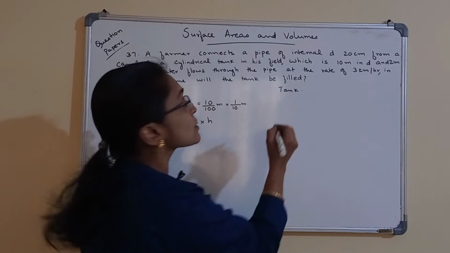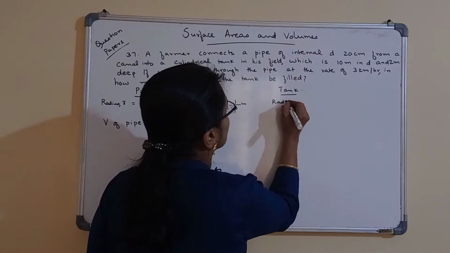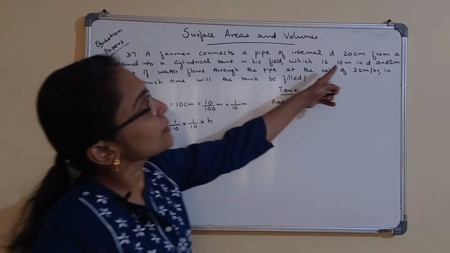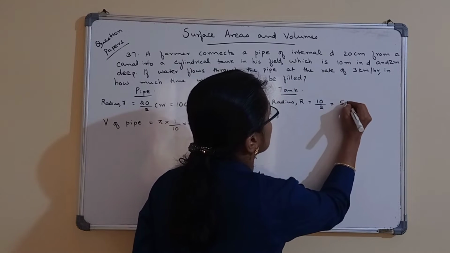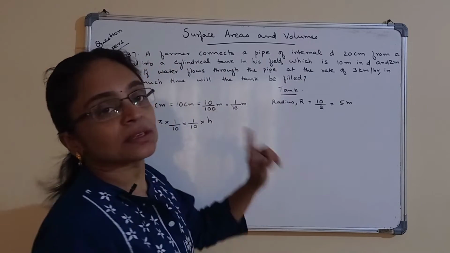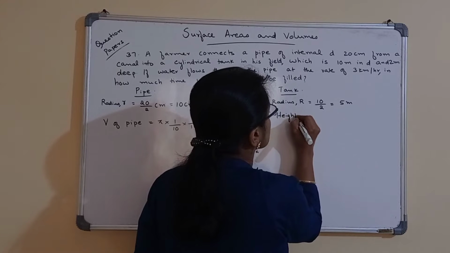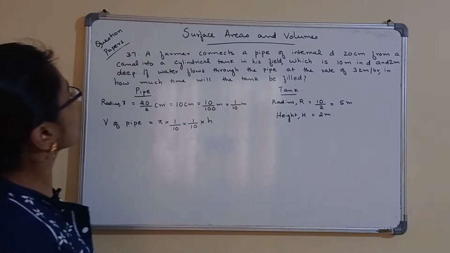What is the radius of this cylindrical tank? Radius, capital R, is equal to 10 meter in diameter, that is 10 by 2, which is equal to 5 meter. Now height, it is 2 meter deep, so height is equal to, we can consider it as capital H. H is equal to 2 meter.